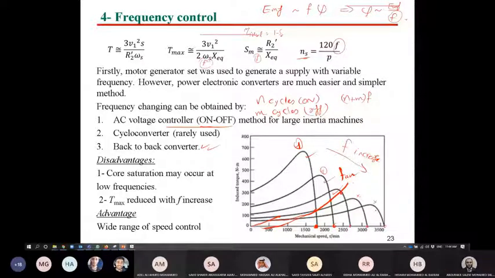Okay, another important thing, guys, but it's not written here. If the frequency is increased, what will happen to the flux, guys? Flux will be decreased. Okay, nice. We have also another limitation for flux decrease called field weakening.